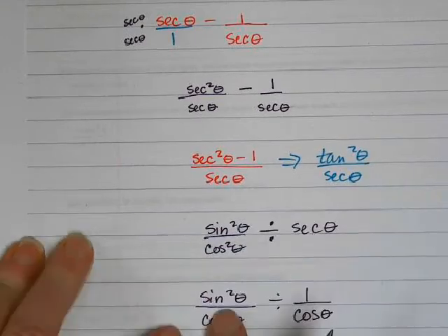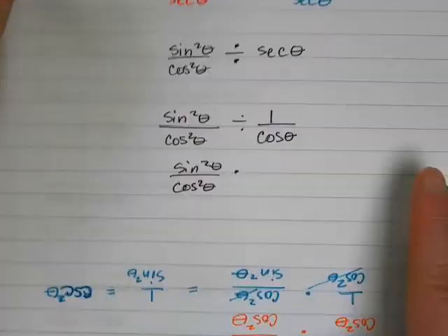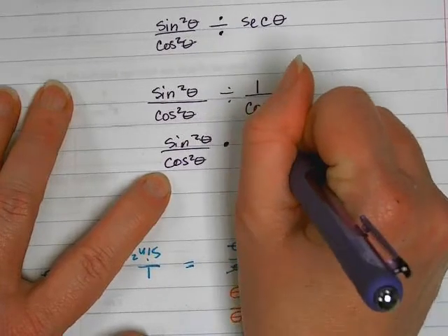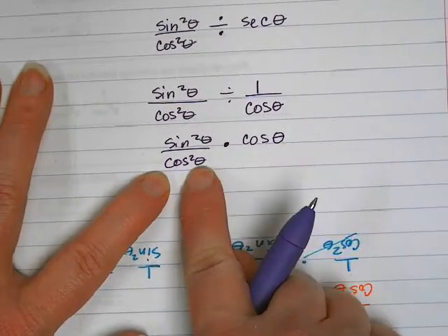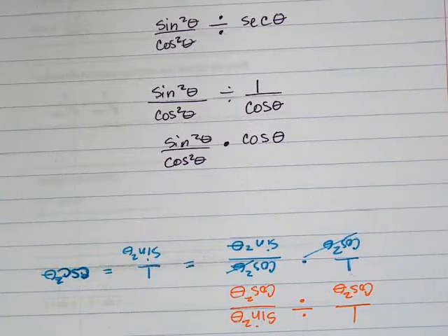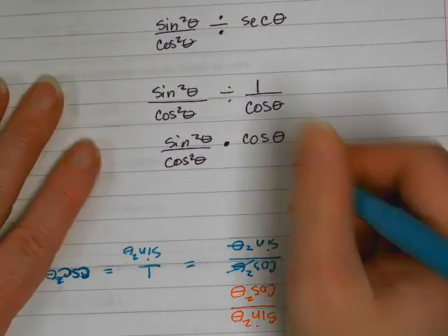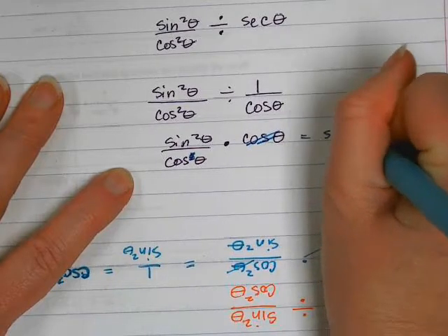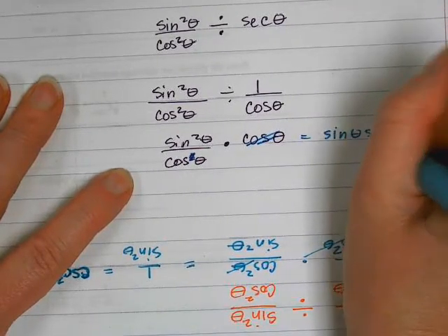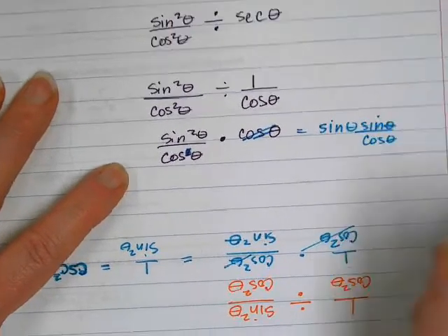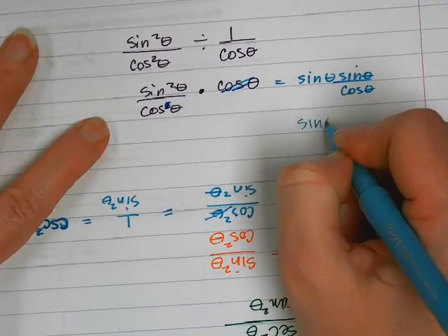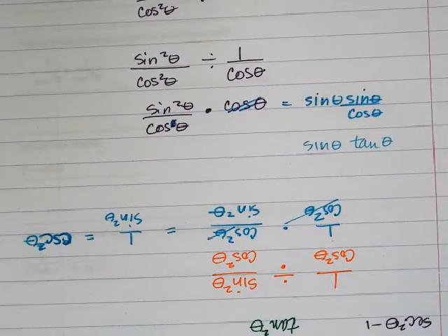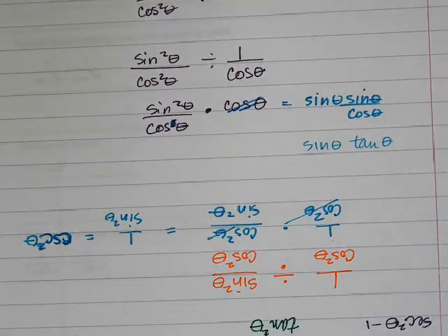The first secant was squared, and that's where I got the tangent squared, but my second secant wasn't squared. So when I flip this and make it multiplication, I have 1 cosine theta on top to cancel with one of my cosines on the bottom. This is going to cancel with one of these, but not both, which means now I have 2 sines on top. So it's going to be sine theta over cosine theta, which means I have a sine theta and a tangent theta. I was thinking, wait, was it secant squared?